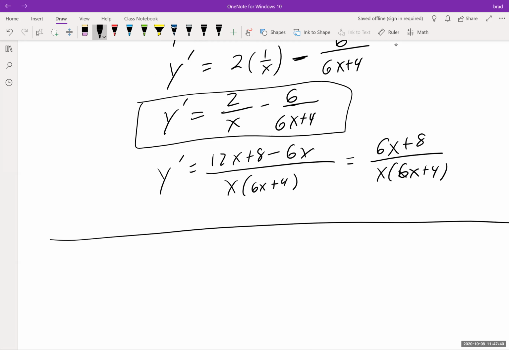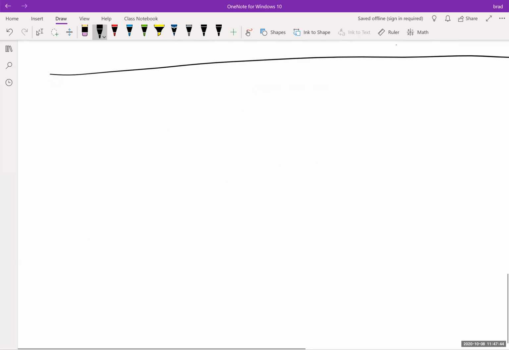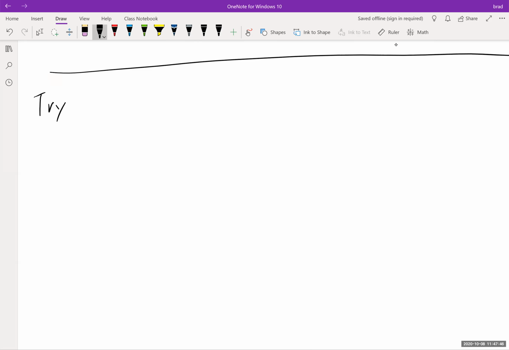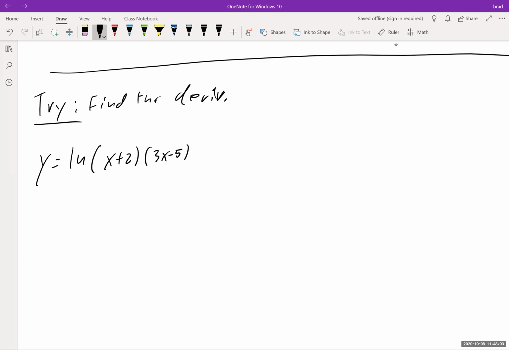Now let me give you guys a couple to try. Find the derivative. Let's go with y equals the ln of (x plus 2) times (3x minus 5).